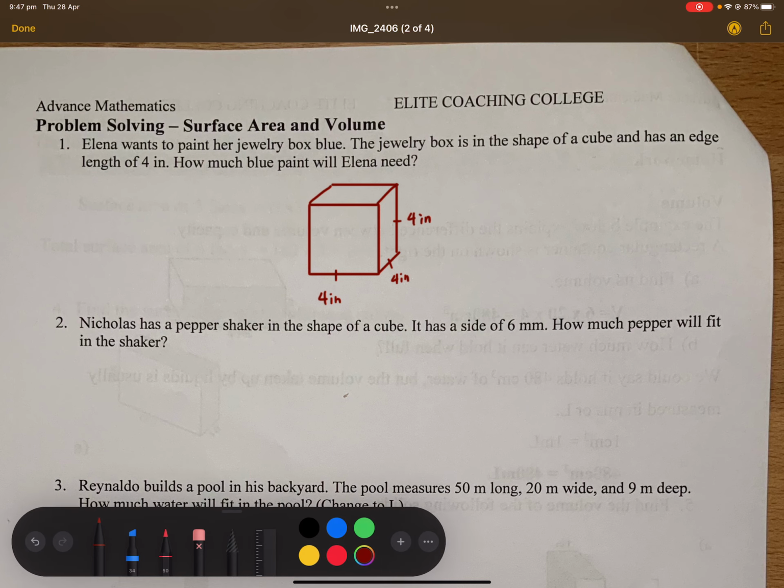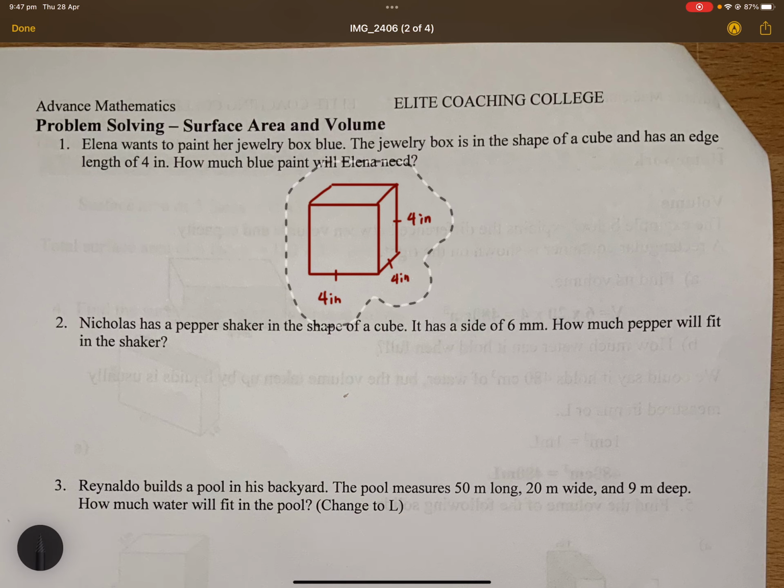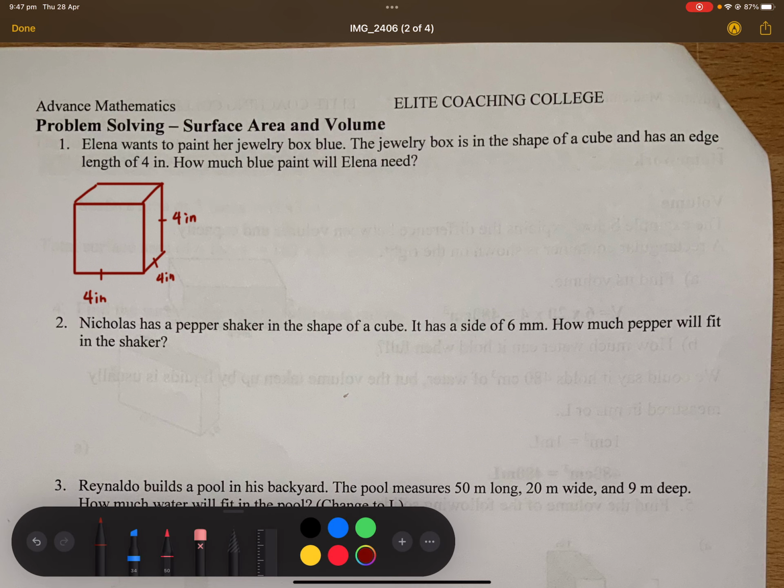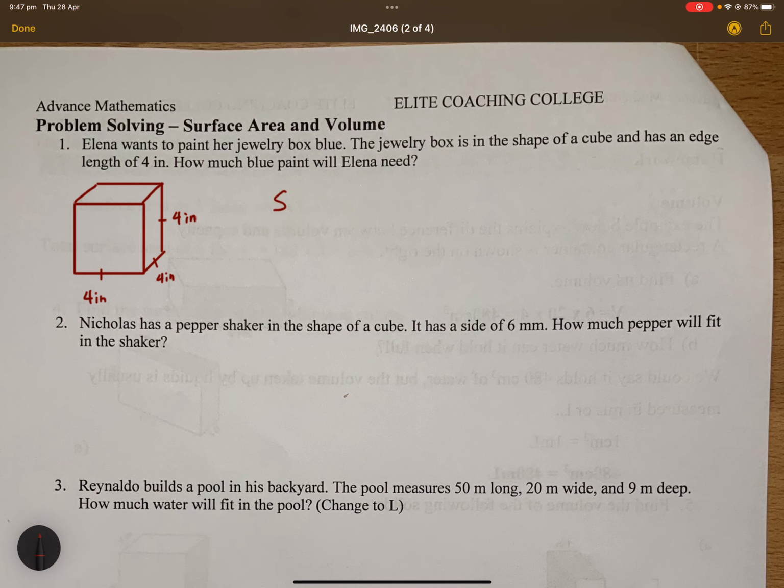So basically, the question is asking us to find the surface area. Now to find the surface area, that's just the area of all the surfaces added together. Now all the surfaces of a cube are the same because all the lengths are the same. Okay, so to find the surface area of this cube, I'm going to abbreviate that to SA from now on.